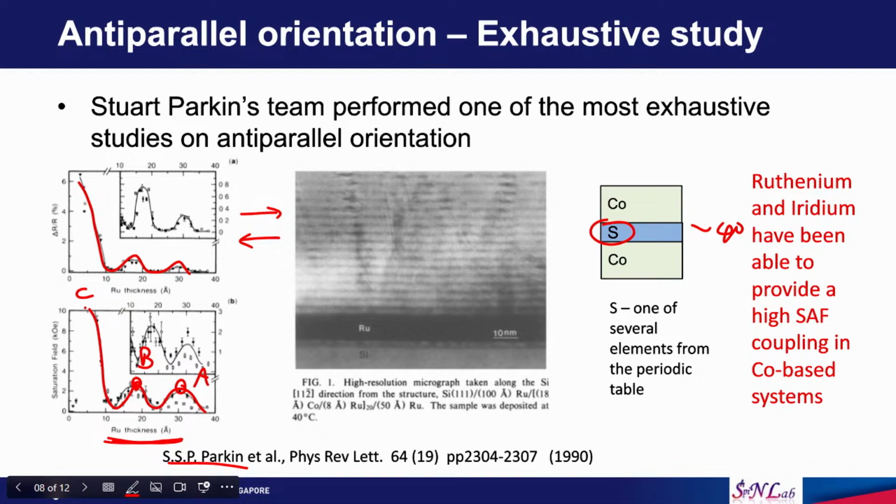However, if you look at points D and E, in points D and E, the two ferromagnetic layers have the same magnetization direction. Okay. What it means is that the synthetic antiferromagnetism is observed only at certain thicknesses. So, thickness A, you observe this, the thickness values of B and C, you observe this, and D and E, you do not observe.